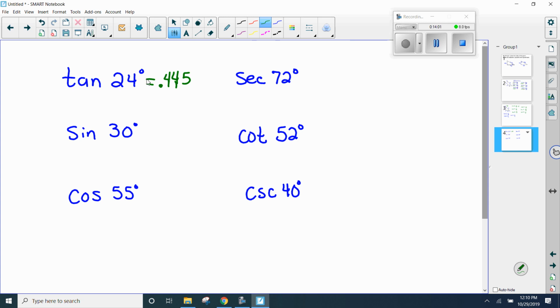Tangent is equal to what? It's the ratio of what two sides? Opposite over adjacent. So when you have a 24-degree angle, what's the relationship between those two sides? Right now you use sine, cosine, tangent when you have a 90-degree triangle.